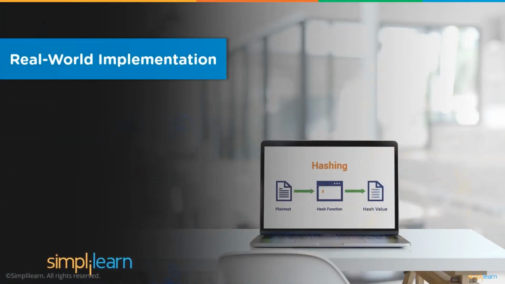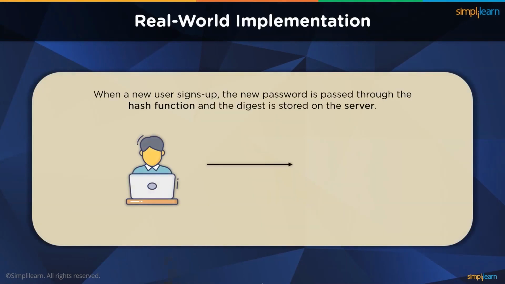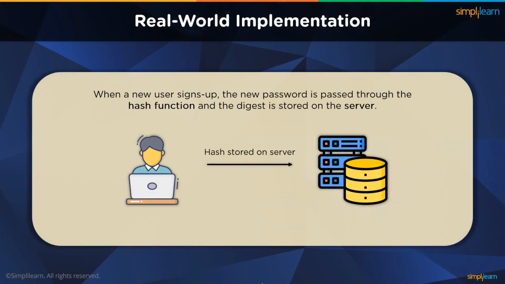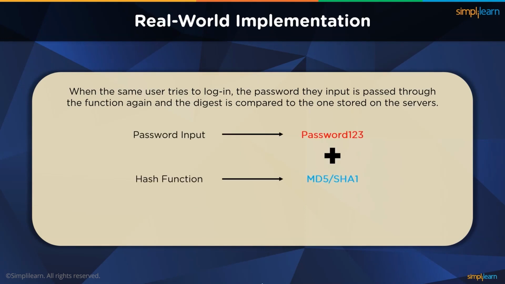Like we discussed earlier, websites use hashing to store the users' passwords. So how do they make use of these hashed passwords? When a user signs up to create a new account, the password is run through the hash function and the resulting hash value is stored on the servers. The next time a user comes to log into the account, the password they enter is passed through the same hash function and compared to the hash stored on the main server.